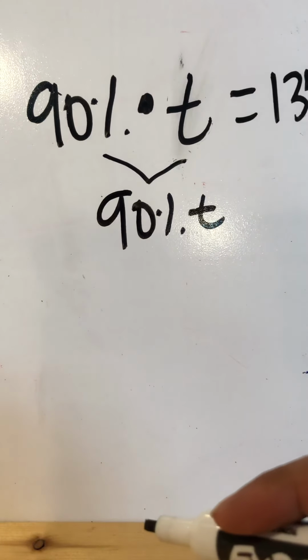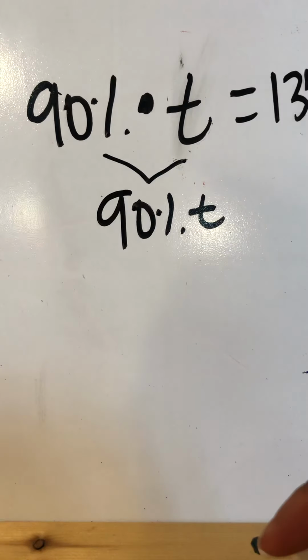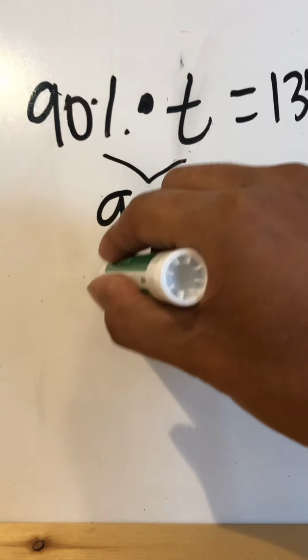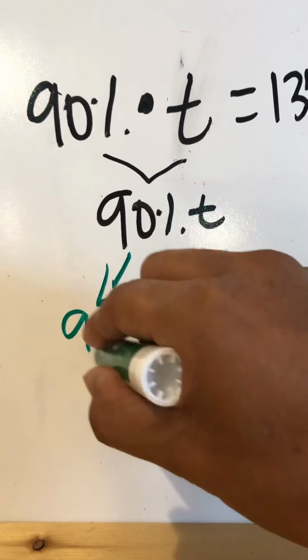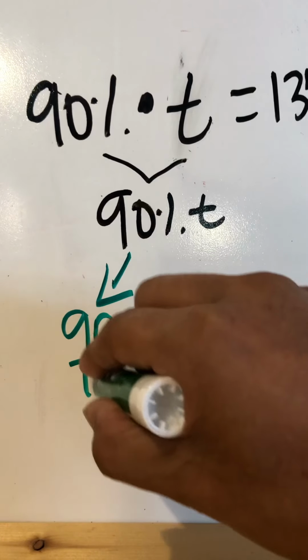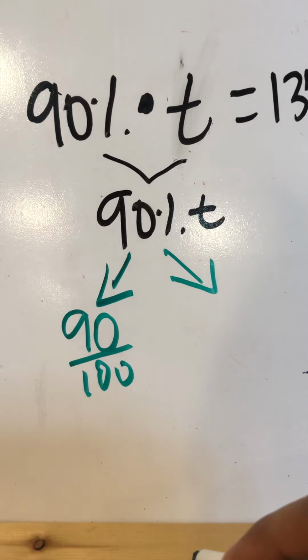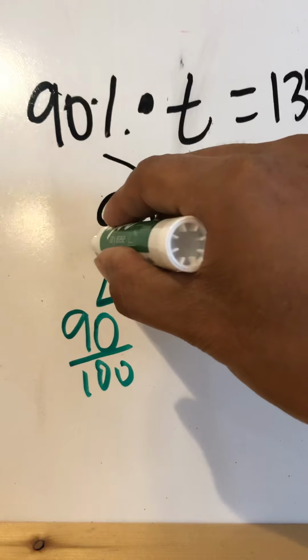But remember, when we multiply percents, we have to either change it to a fraction, right? 90% means out of 100. Or if I move the decimal twice, 1, 2, right?